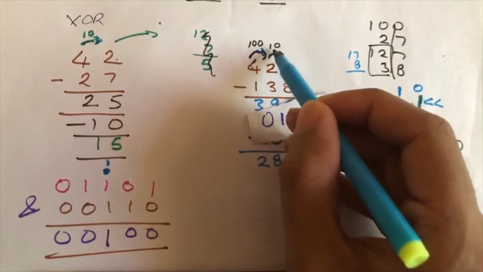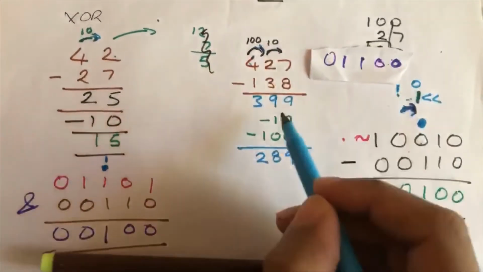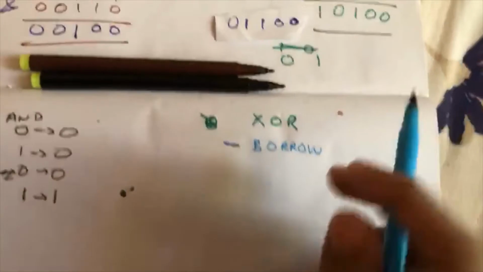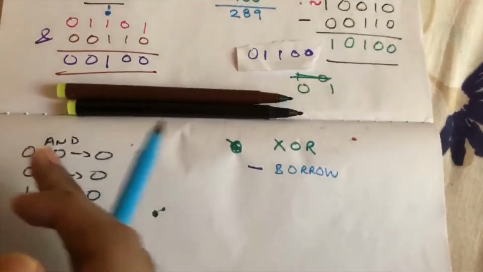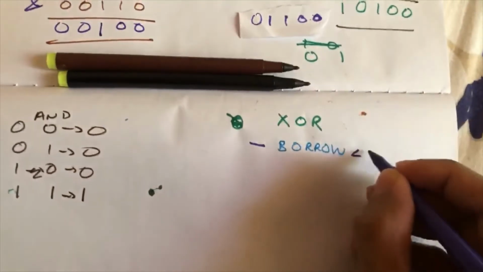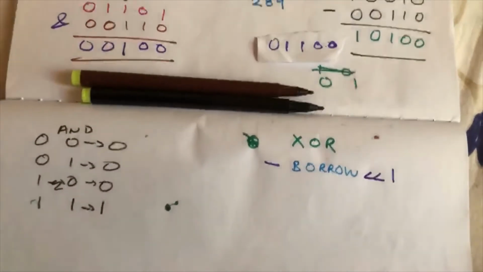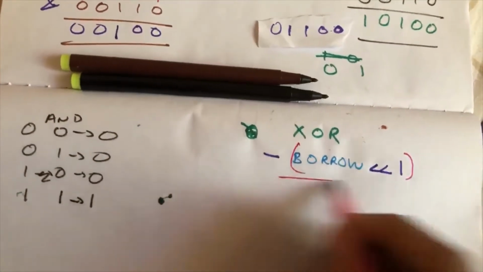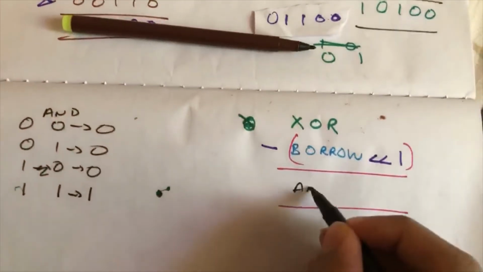Here we borrow from the 10th place, so we subtract a 10. Likewise, since the borrowing is happening from the next place to the left, we need to left shift it by 1. And this gives you the required answer.